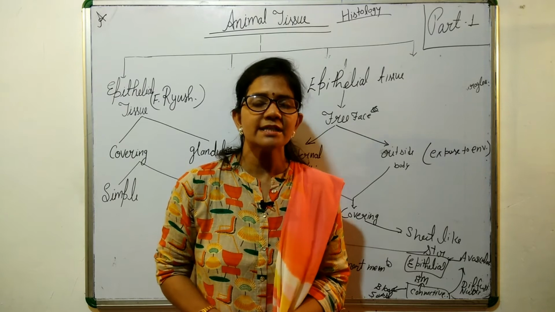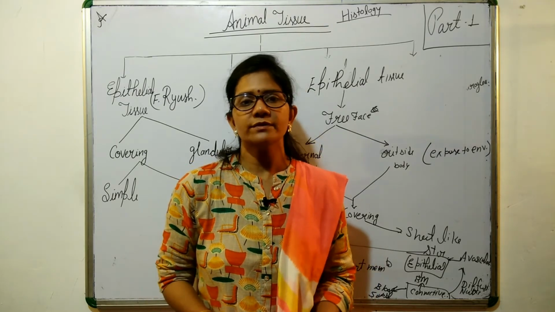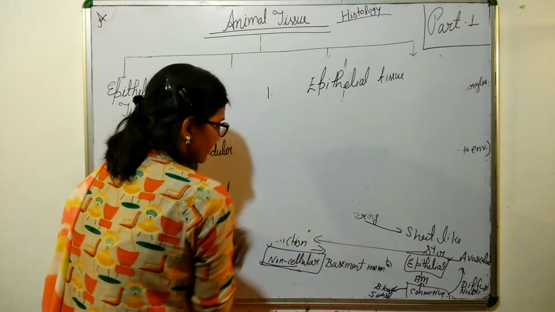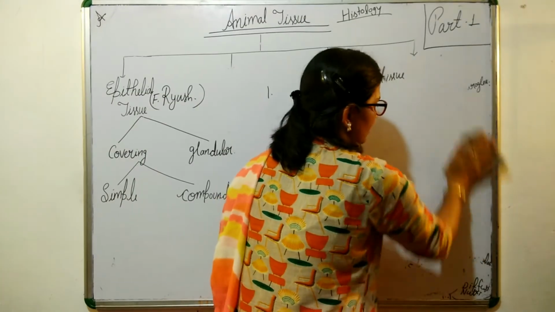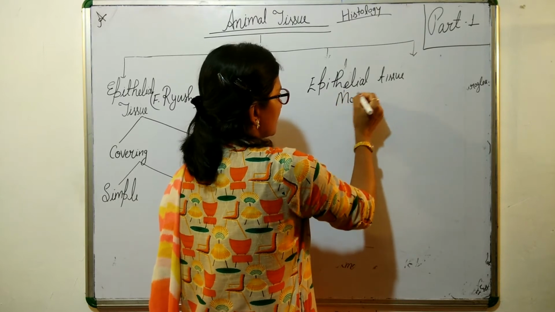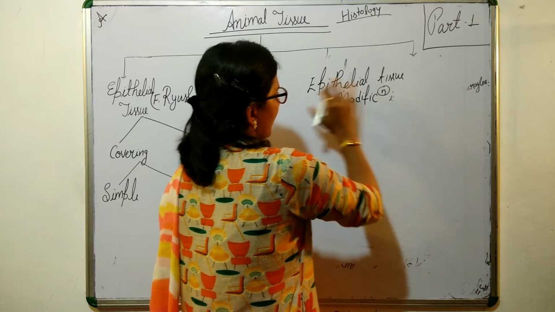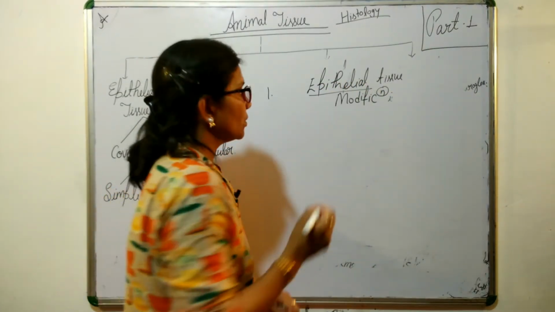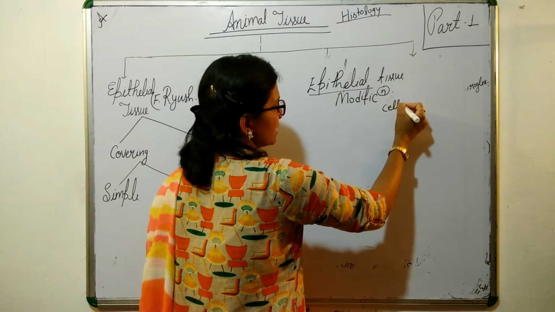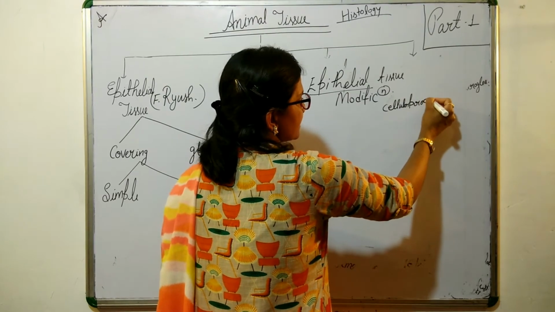Now the next point: there may be many modifications of the epithelial tissue, meaning extensions of cellular processes. Let's see the modifications on the basis of cellular processes or cell extension.